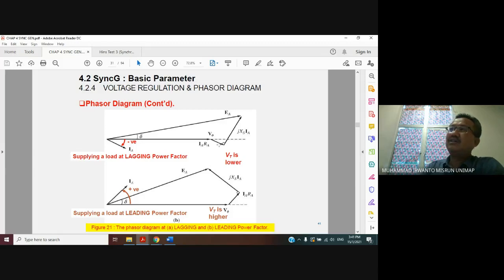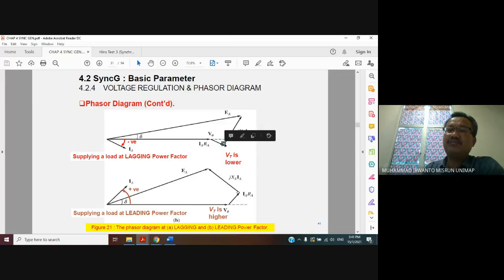Lepas itu, the next step you have to draw the vector JXSIA. Ya, vector JXSIA you have to draw start from the ujung daripada vektor IARA dan selalunya perpendicular.